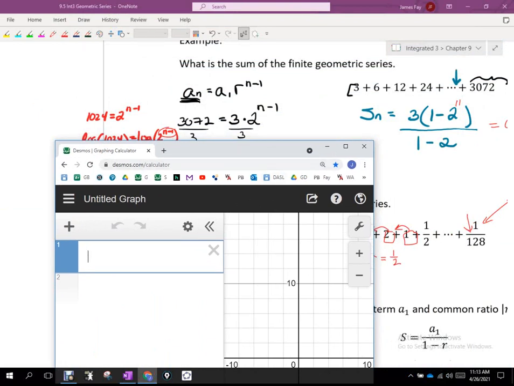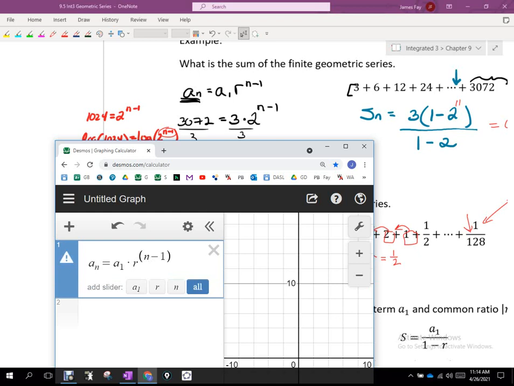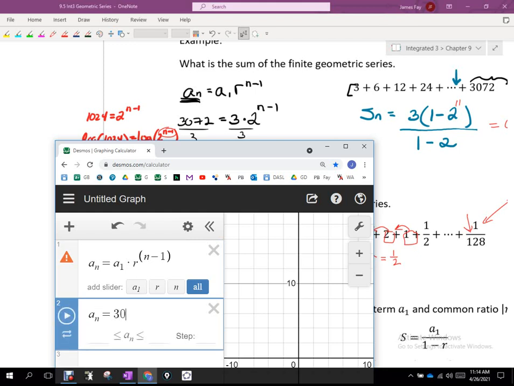Okay, so we have a sub n is equal to a sub 1 times r to the n minus 1. That's our formula. Okay. Now, what we have here is our a sub nth term.